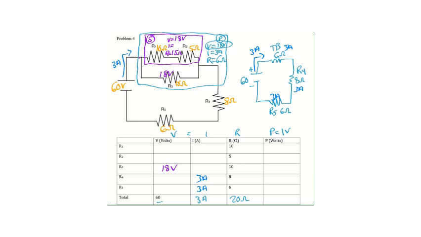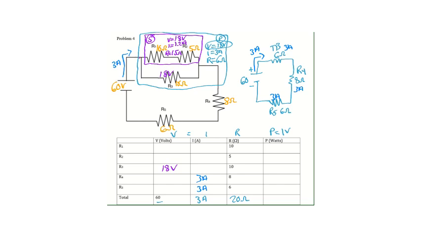The next thing I have to do is take a look inside the purple box. I need to find the current inside the purple box. And I'm going to do 18 volts divided by 15 ohms to get 1.2 amps. Now, that purple box was covering up what kind of circuit?